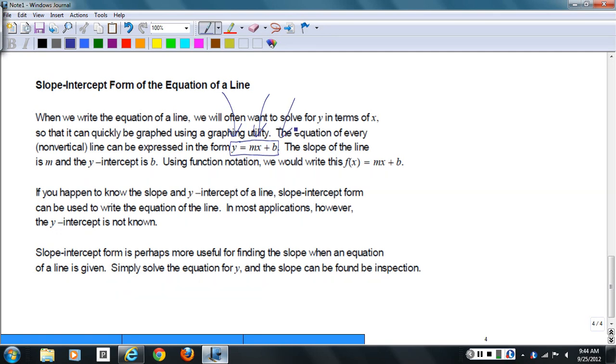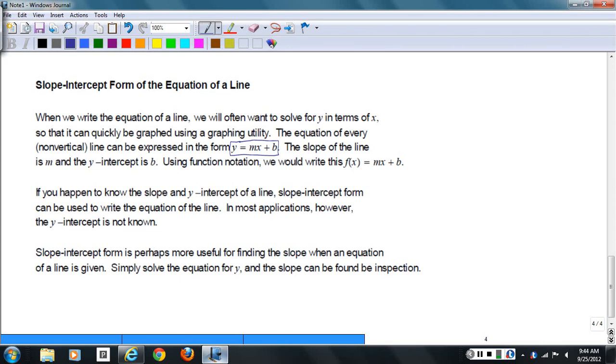If there's an x squared, it's not going to be a straight line. If there's a y squared, it's not going to be a straight line. If there's a square root of some expression with x's and y's in it, probably not going to be a straight line. But if there's just x terms, y terms, and constant terms, we can expect that the graph will be a straight line, so we can call this a linear equation.